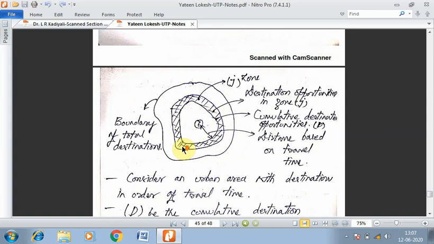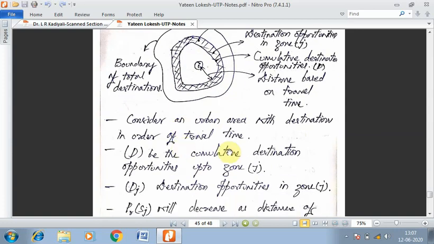So whatever explanation I gave here can be understood in a much easier way by looking at this particular diagram. Okay. So considering an urban area with destinations in order of travel time, here he has considered the spatial separation between these two zones as travel time.